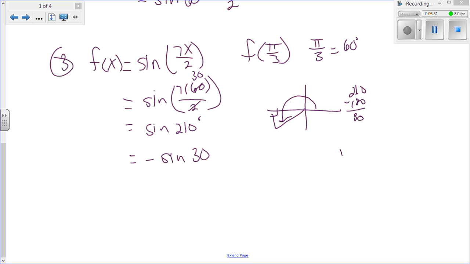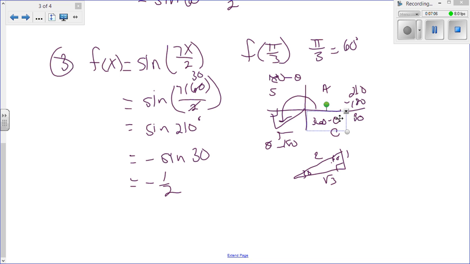Then my right triangle: I want to find the sine of 30. 30 is opposite over hypotenuse, so it's equal to 1/2. So it's a negative 1/2. Remember, students, take calculus. Just as a reminder, 180 minus theta, theta minus 180, and 360 minus theta. Just review that real quick.